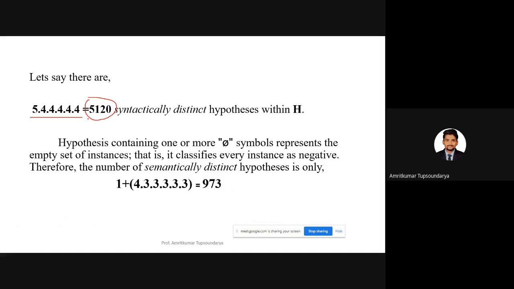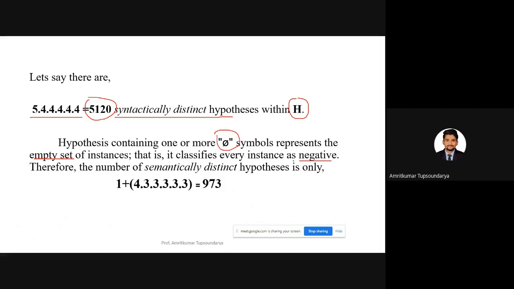Let's say we have 5120 syntactically distinct hypotheses within the set of hypotheses H. Such a hypothesis may contain one or more ∅ symbols, the symbol that represents the empty set, meaning no value is permitted, so it classifies every instance as negative. The value with this symbol classifies those instances as negative.